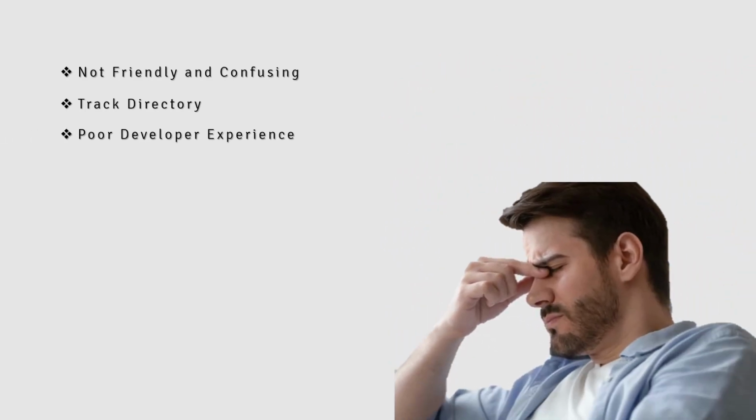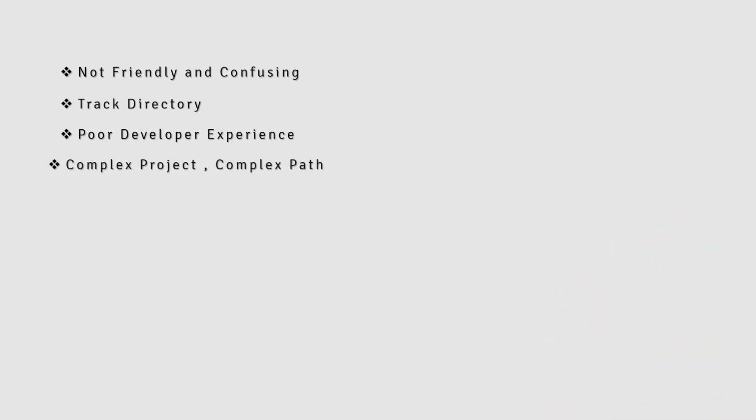So it is a poor developer experience, and sometimes it may lead to confusion while we enter these relative paths manually. For example, if you are creating a small project, then your import path will not be very complex. When it grows, multiple components and pages will be created, so our paths also become more complex.